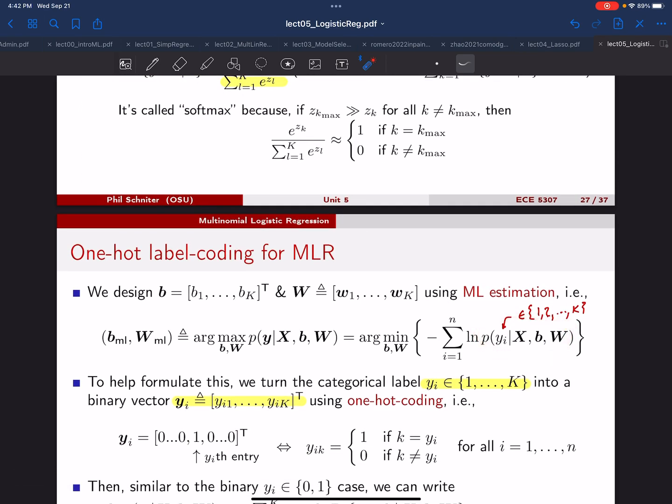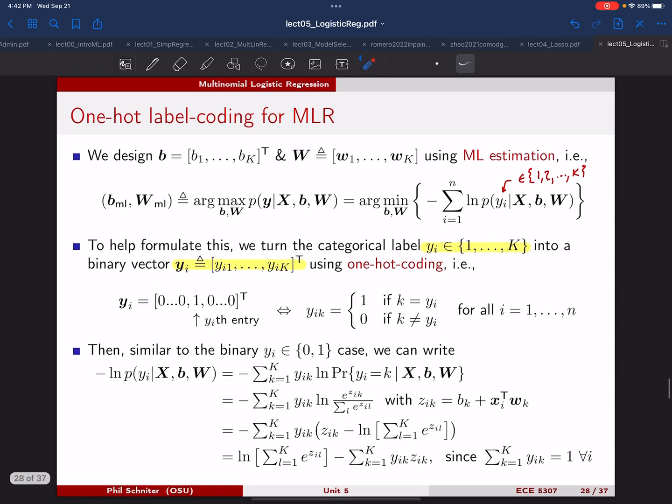So similar to what we did in the binary case, we're using these switching variables. These switching variables are exactly the elements of our one-hot encoding. The key point is that only one of them is non-zero, and it takes on the value 1. So we can replace this thing, the negative log of this PMF, with a sum over these switching variables of the log of this event.